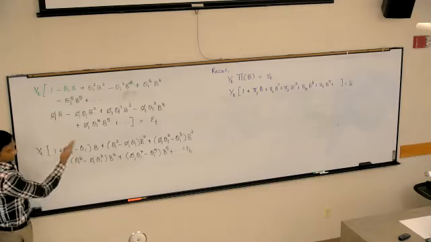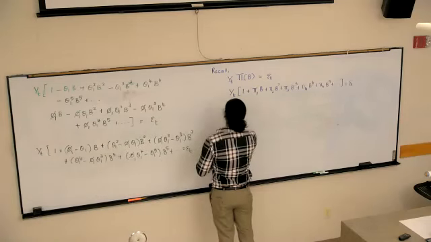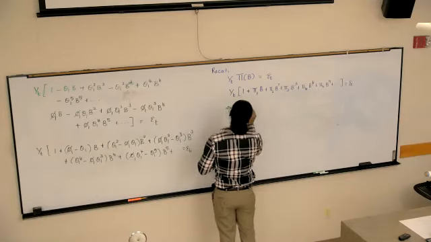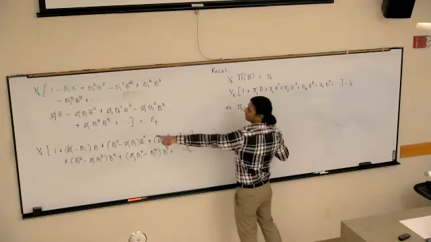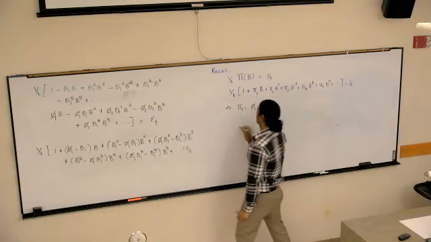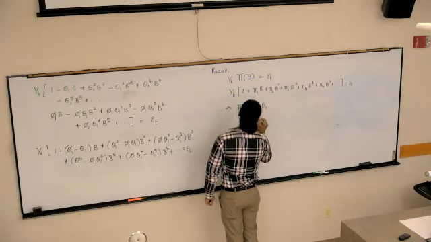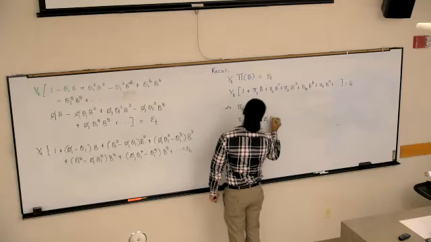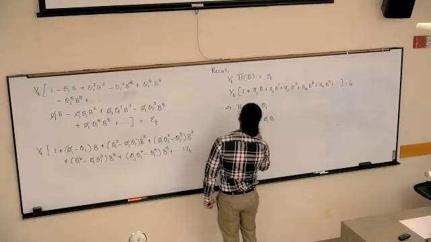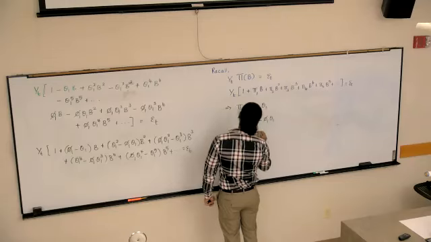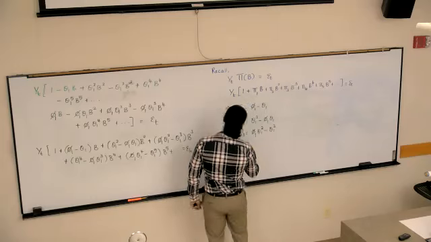Wouldn't pi 1 just be phi 1 minus theta 1? By direct comparison, pi 1 is phi 1 minus theta 1. Pi 2 is theta 1 squared minus phi 1 theta 1. Pi 3 is phi 1 theta 1 squared minus theta 1 cubed.